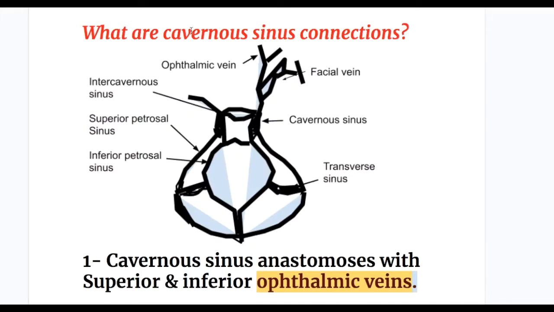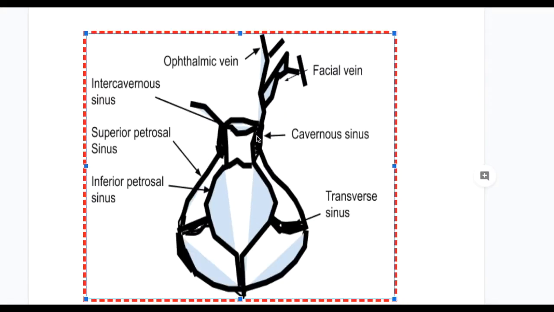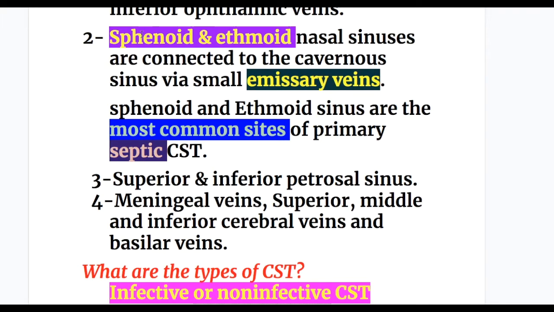Now, what are the cavernous sinus connections? These are the cavernous sinuses on either side with intercavernous sinuses joining the two cavernous sinuses. Anteriorly, they receive the ophthalmic veins, superior and inferior ophthalmic veins, and the facial vein also joins these ophthalmic veins. Posteriorly, it's connected to the superior and inferior petrosal sinuses, and they are connected to the nasal, sphenoid and ethmoid sinuses via the small emissary veins.